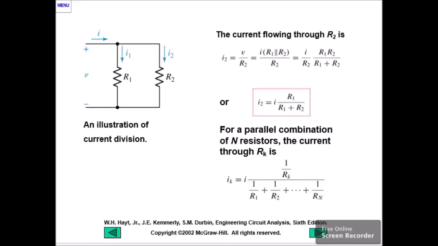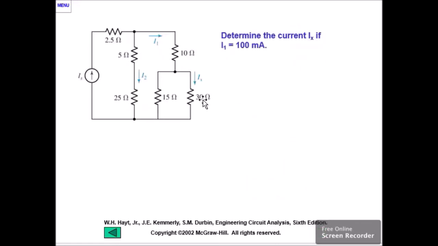We have here example na pwedeng gamitin ng ating current division. So, sabi dito, determine your Ix. Given na yung I1 is 10 milliampere. So, given na tong current na to, 10 milliampere na yung papasok. Again, yung 10 milliampere, madedivide sa kanilang dalawa. So, meron tayong current division.